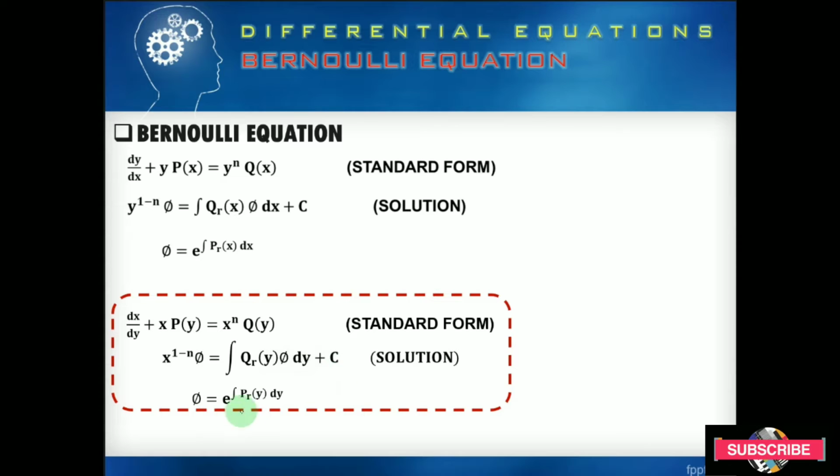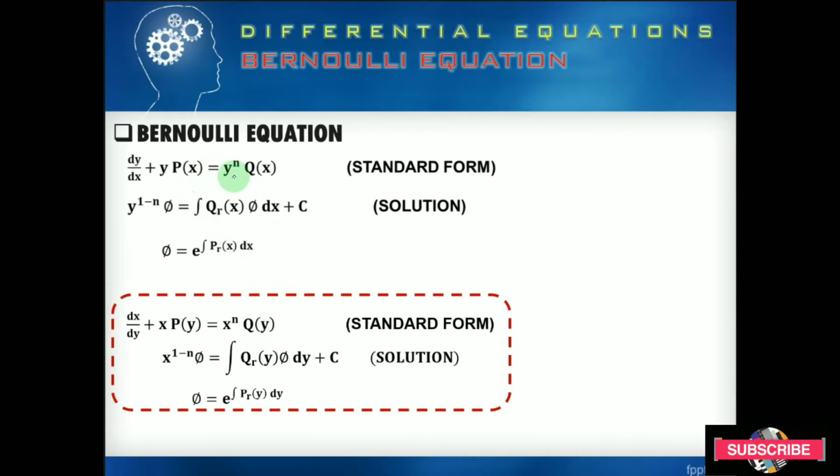And our integrating factor here is e raised to the power of the integral of p as a function of y dy. So the technique here is this one, let me share it with you.